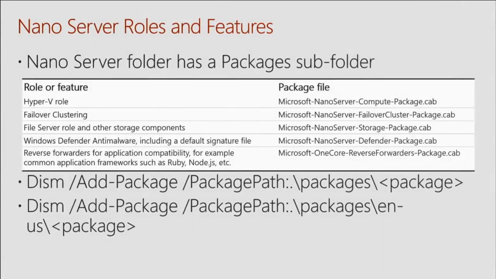Here's an example of the package files. We all love DISM, don't we? Deployment Imaging Servicing Module. It's still available, they're never going to kill it. You can use the DISM commandlets in PowerShell, or DISM on its own, to deploy the packages into a VHD. Each of those roles has its own package.